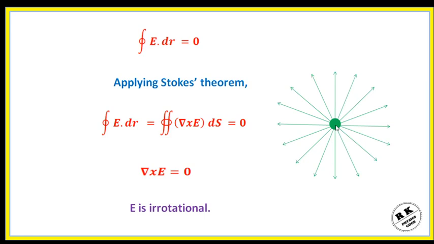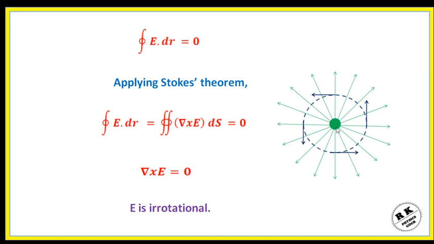If we move any other test charge in this electric field around this charge, as shown in this dotted path, let the velocity components of the test charge at different places be as shown in the figure. Remember that these arrows represent the velocity components, not the force acting.